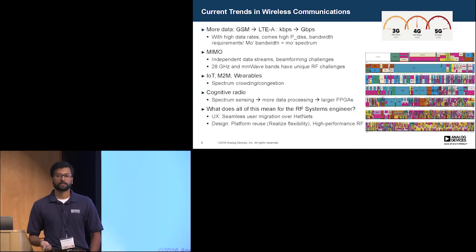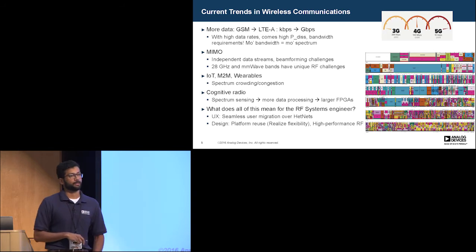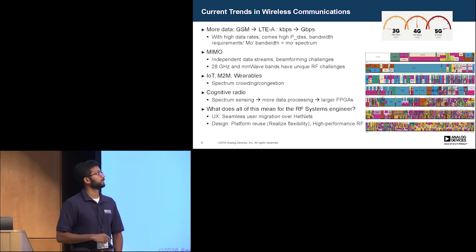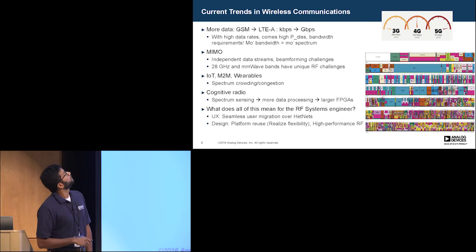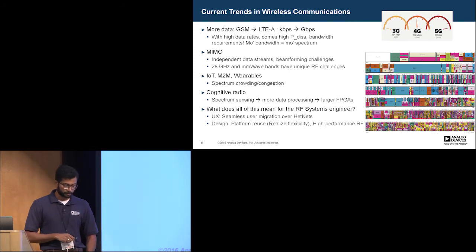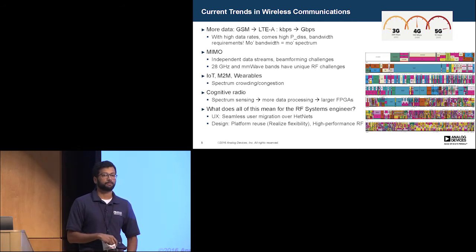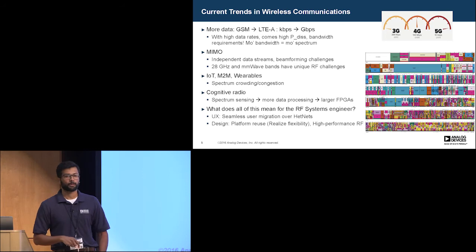Spectrum isn't cheap, so you can ask Verizon, AT&T, all of those guys how much they pay for a small chunk of spectrum, and they'll tell you it isn't. So the other thing that people keep talking about is MIMO, massive MIMO, even for future 5G products.